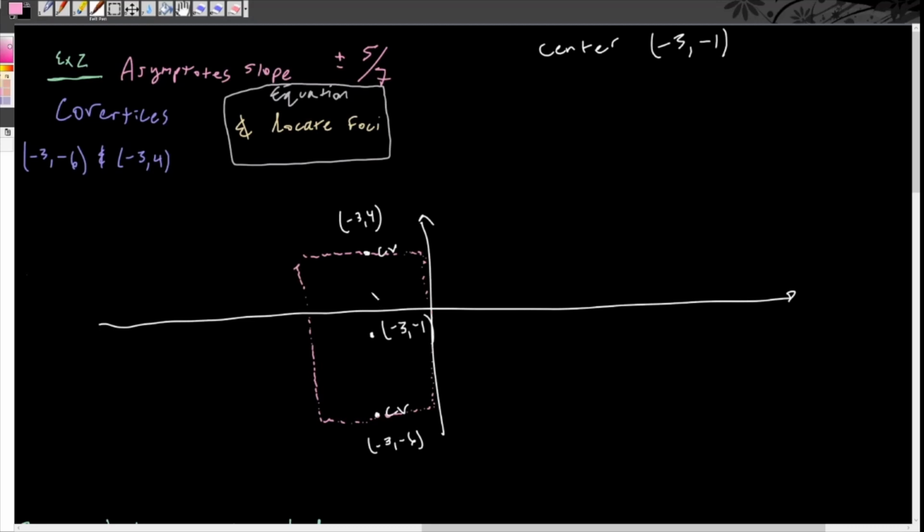And that makes sense because this is already 5 units. So that means this has to be 7 units. Rise over run. So this tells us that these vertices are 7 units this way, and my box is hilariously out of proportion. So I'll just erase my axis.